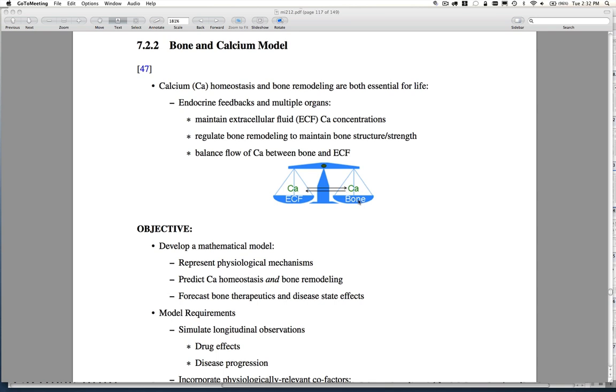Coupled with that is the need for calcium within the bone. The bone requires calcium for structure and strength, and without that, you run into situations of osteoporosis and its related sequelae.